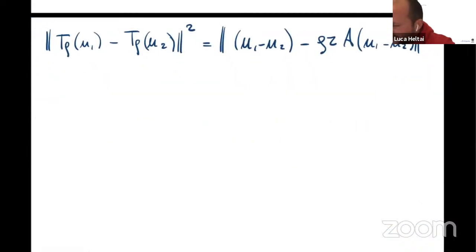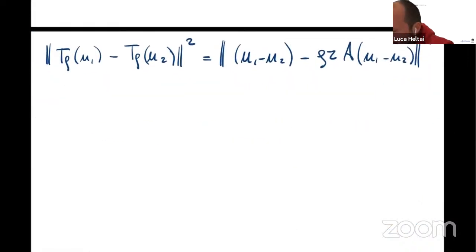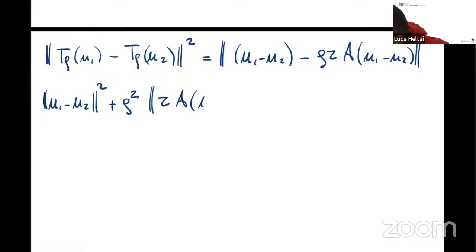So I start with the square of this norm, T rho U1 minus T rho U2, and I expand this explicitly. So I get here the norm of U1 minus U2 square. And now at this point, I get here plus rho square times the norm square of tau A of U1 minus U2. Okay, and then I get the double product between these two guys.